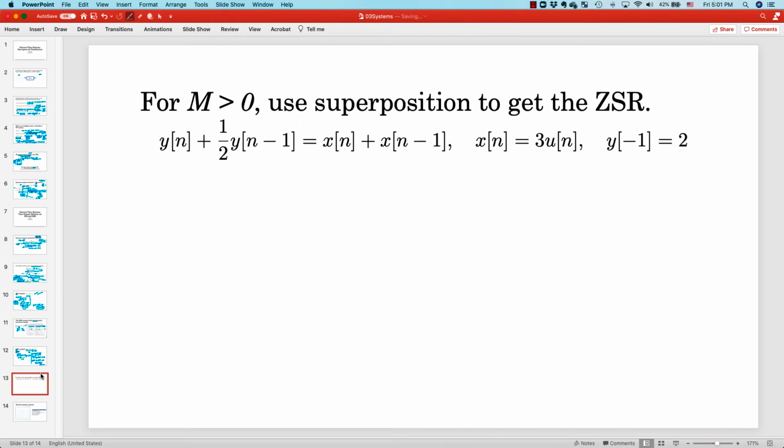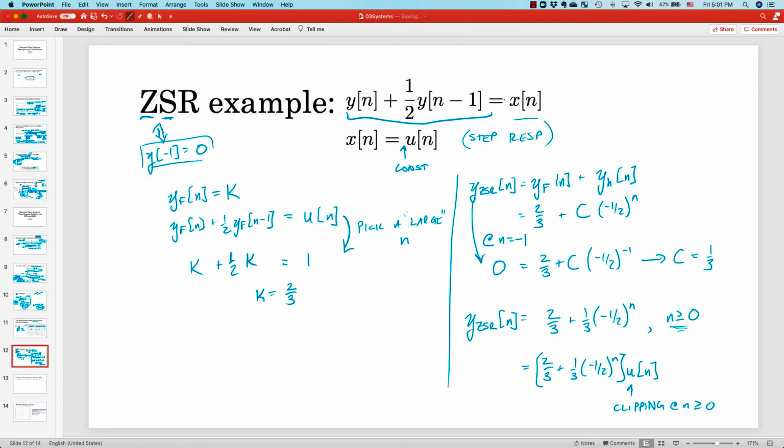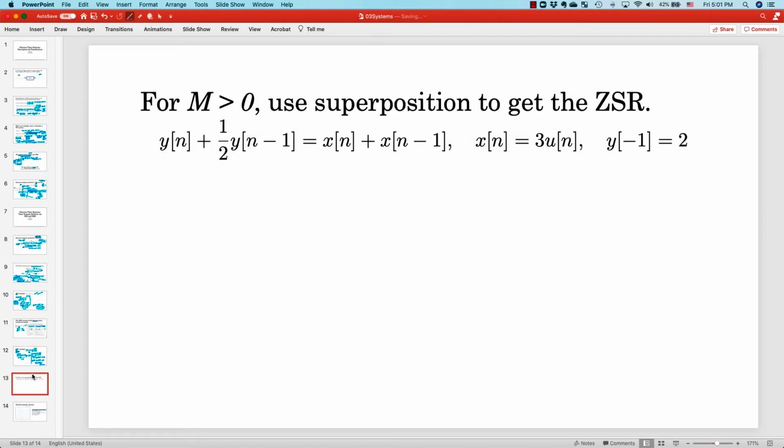Okay, so once you have the ZSR for what I will remind you is the single input case, if you have multiple inputs, then you get to use superposition to find the ZSR in that case. I've included a couple of curveballs here. I have scaled the step, and I've also included a shifted version of the input here as well. Now remember, if we're doing the ZSR, we ignore non-zero initial conditions. Okay, so ZSR means that we get to ignore this.